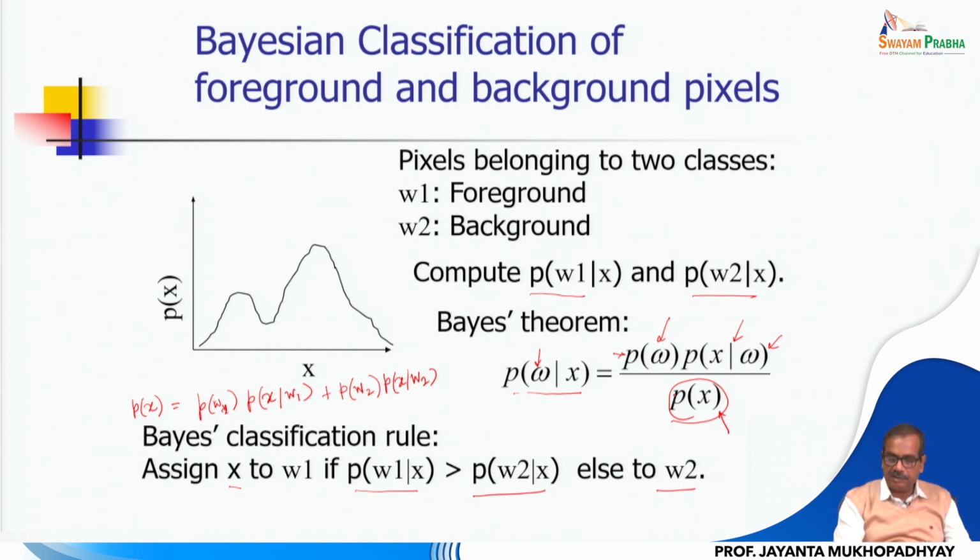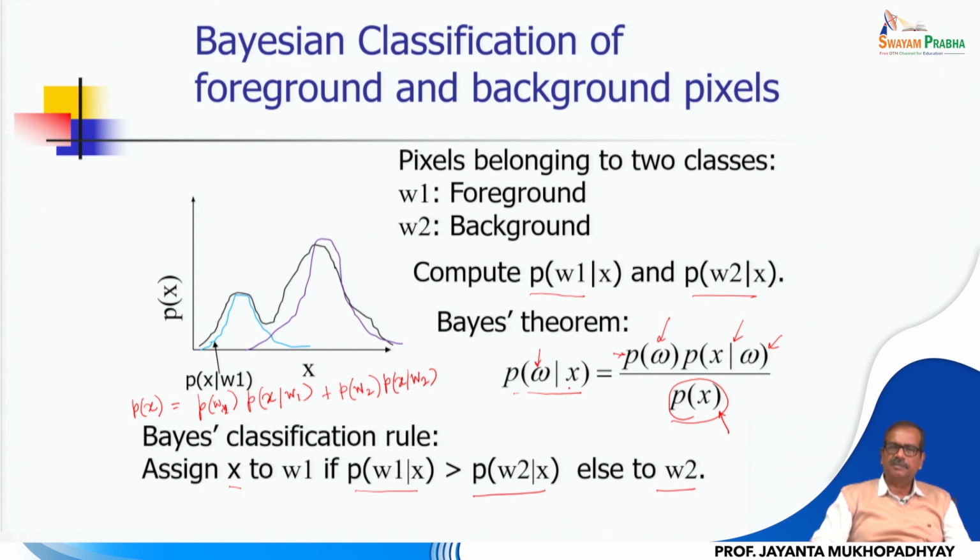So how do you compute the class prior? From the histogram, we will assume that this part of class W1 is primarily dominated by these probabilities, and similarly this other part is primarily dominated by the other likelihood probabilities.